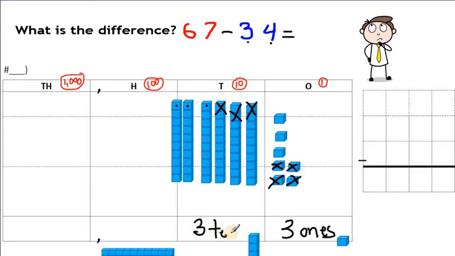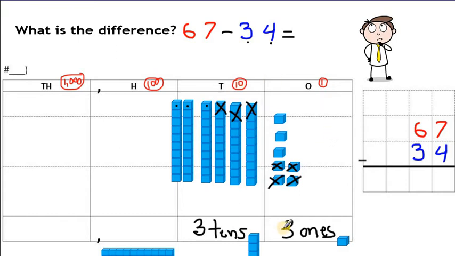Now, what does that look like when I write a subtraction problem over here? Now, you'll see there's several boxes here, and I know that I need to line up the numbers here. So here goes 67. This is the number I'm starting with, and I'm going to subtract out 34.